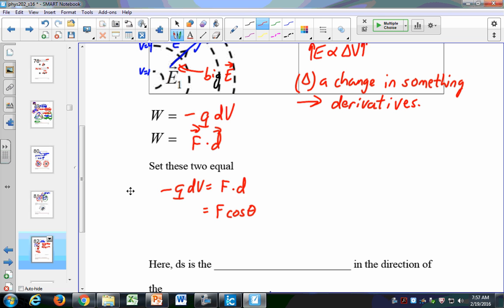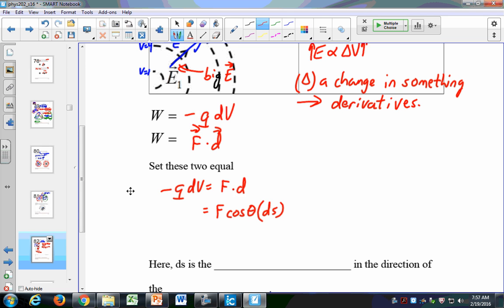And I'm going to change that d to a ds. So this is our generic distance, our displacement. But I'm going to change it into a differential element, where I change the d to an s and just take the derivative of it. So I'm just translating this into a differential element.